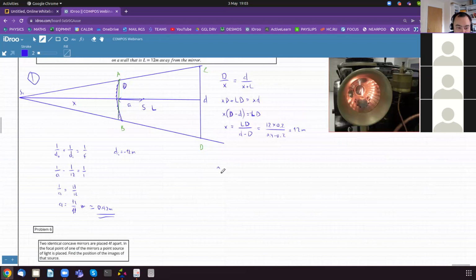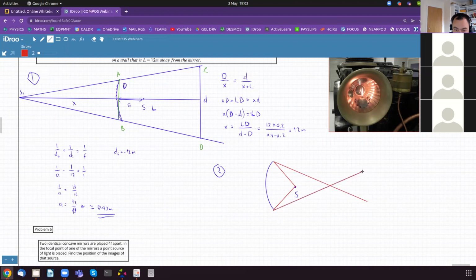The second option is that you have a mirror, you have a source of light, S, and then light goes like this, and this is the screen.